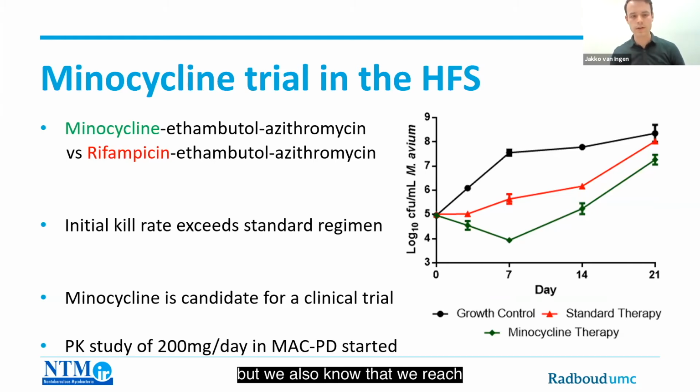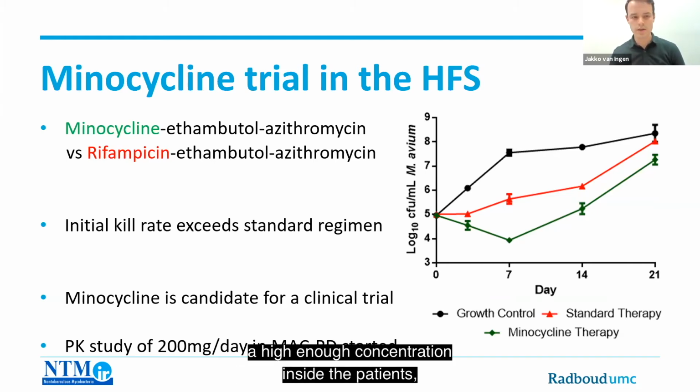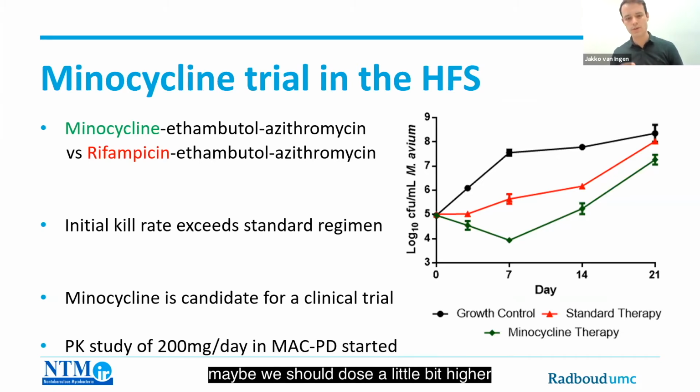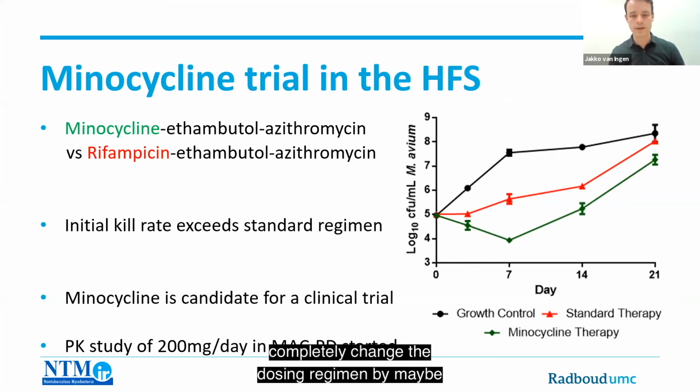But we also know whether we reach high enough concentrations inside the patients. Maybe we should dose a little bit higher, or a little bit lower, or maybe completely change the dosing regimen by dosing multiple times a day or even fewer times a day, which would be better because it's easier to take one pill a day than 3 or 4, for example.